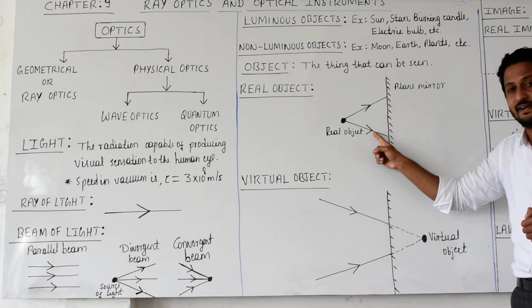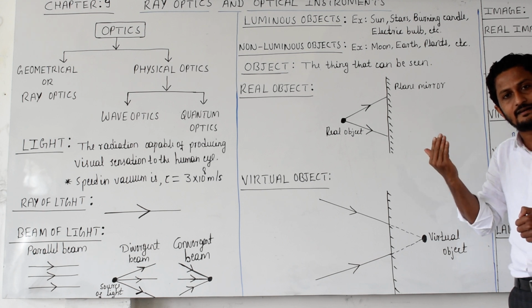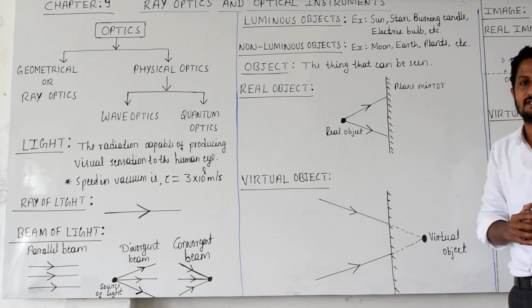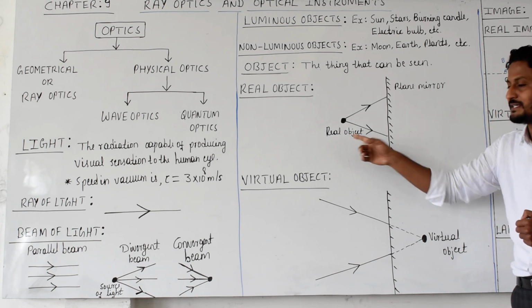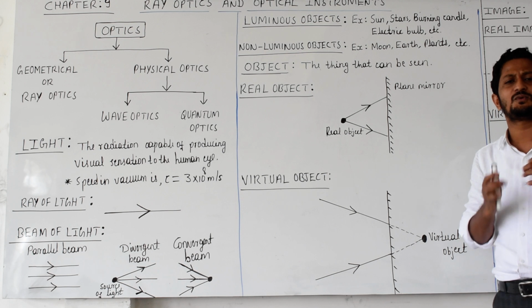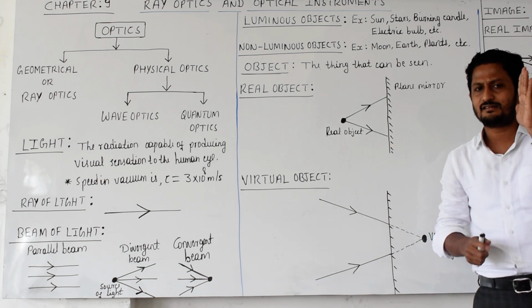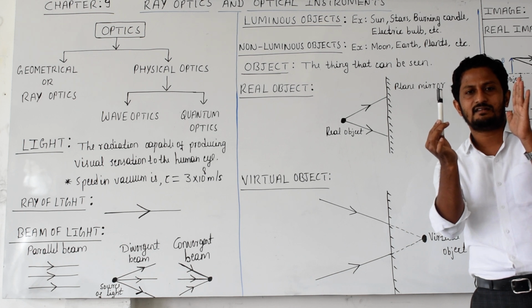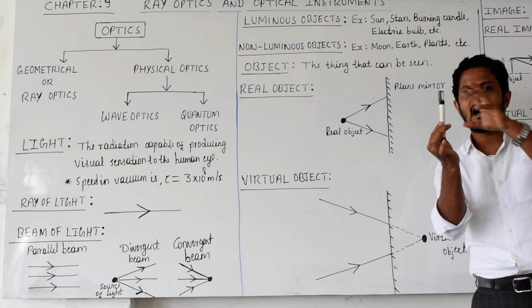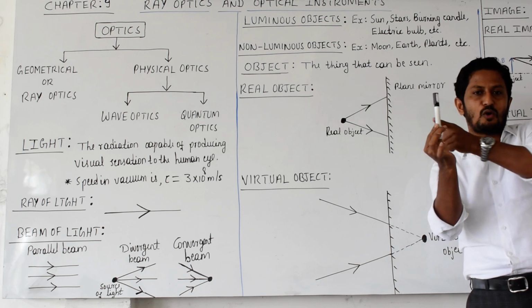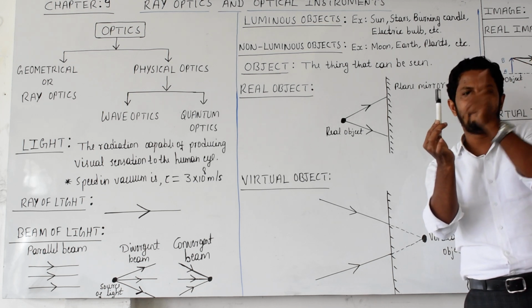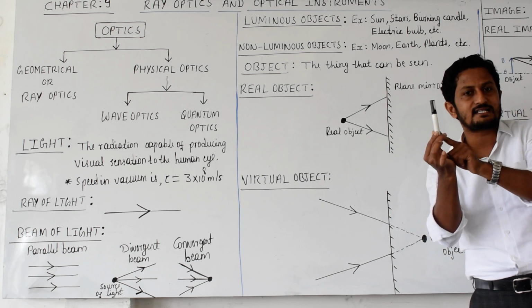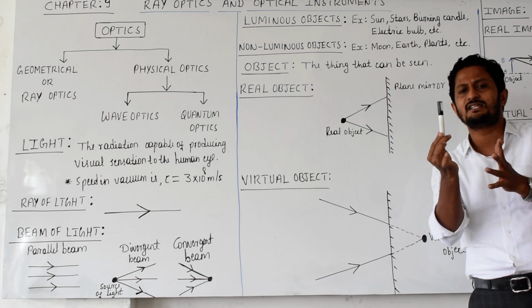If incident light rays or an incident beam of light is diverging from an object, then that object is called a real object. See, this is a mirror. In front of that mirror you are standing. If light rays are diverging from your body, then you are called a real object.